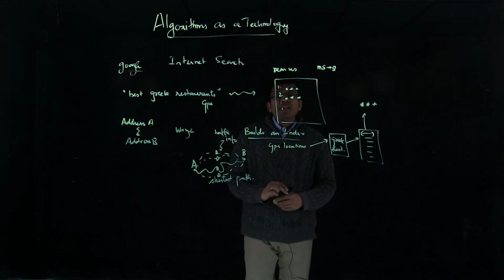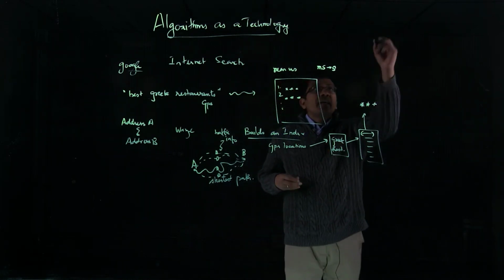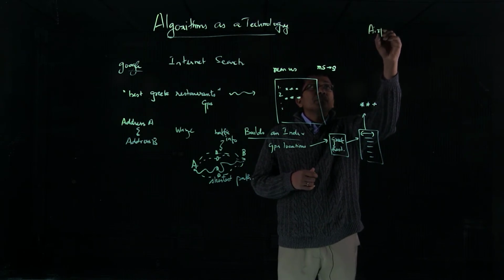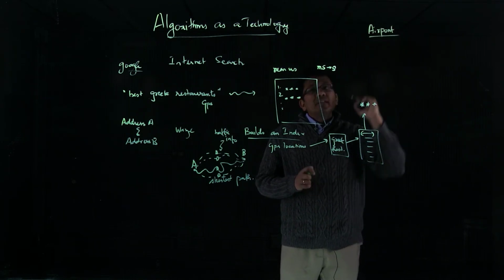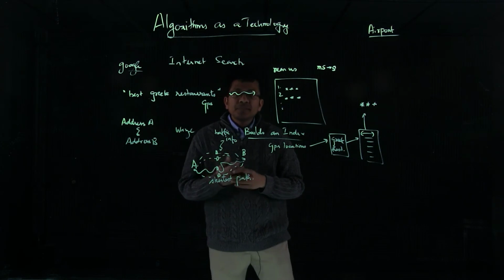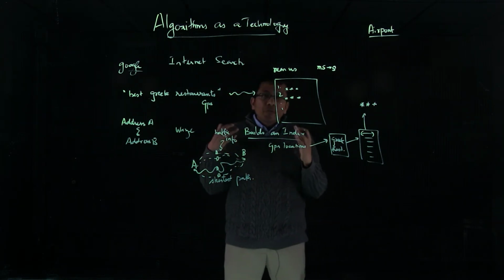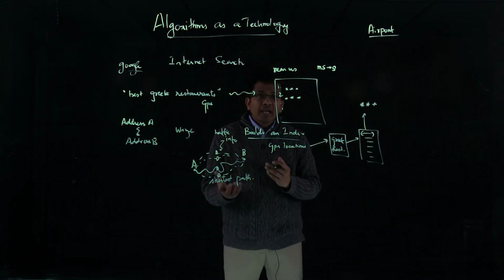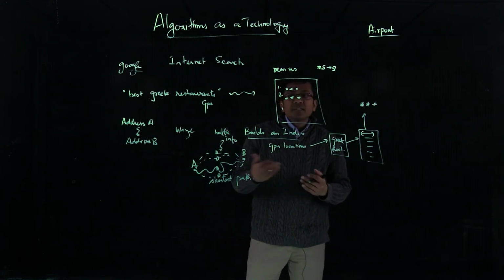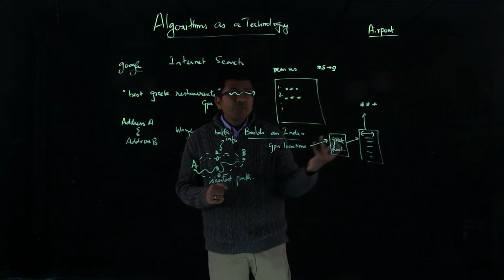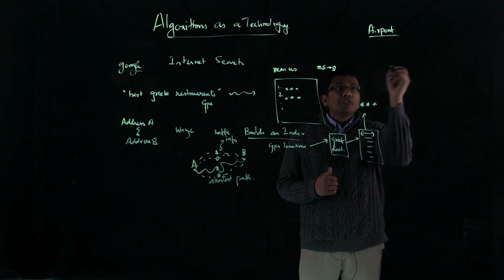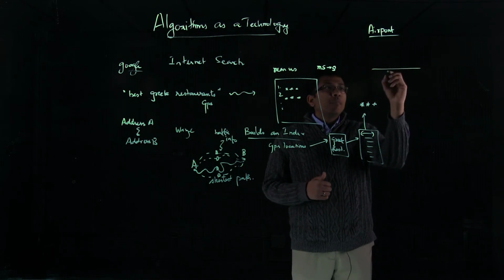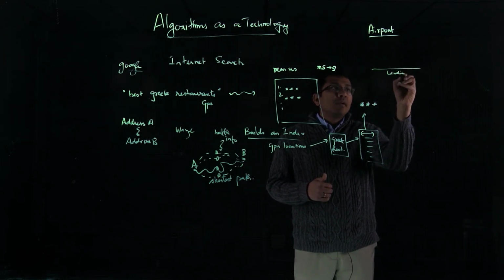Where else are algorithms at play? Every time you fly and you go to an airport, there are a lot of algorithms coming into play from the moment you board the airplane at your gate until takeoff and even after takeoff. What are these kinds of algorithms? For example, in any airport, you have a resource constraint.